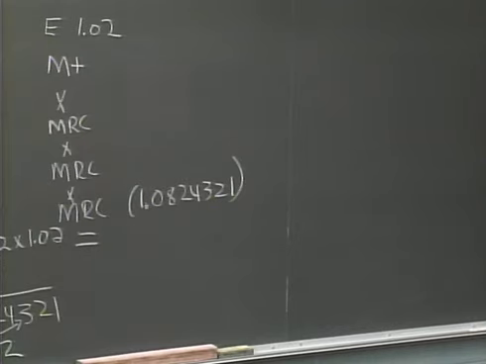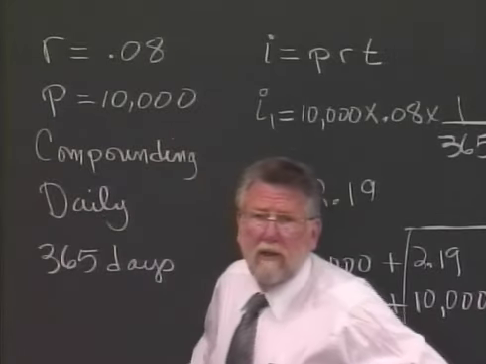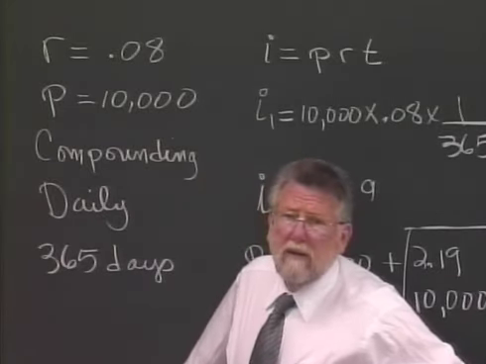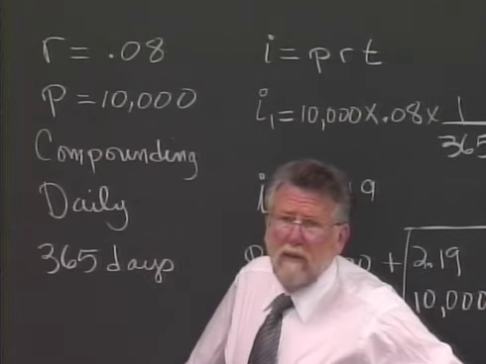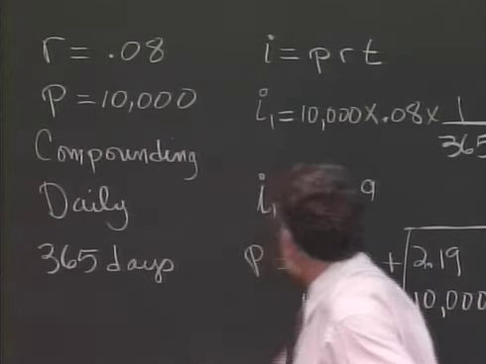Here's the same problem. So at this point, if you just want to go to camera 1 here temporarily. So camera 1, we're going to bring in the same problem that I just talked about, and here's what it says. 8% compounded daily. So what I have to do is take my 0.08 and divide by 365.